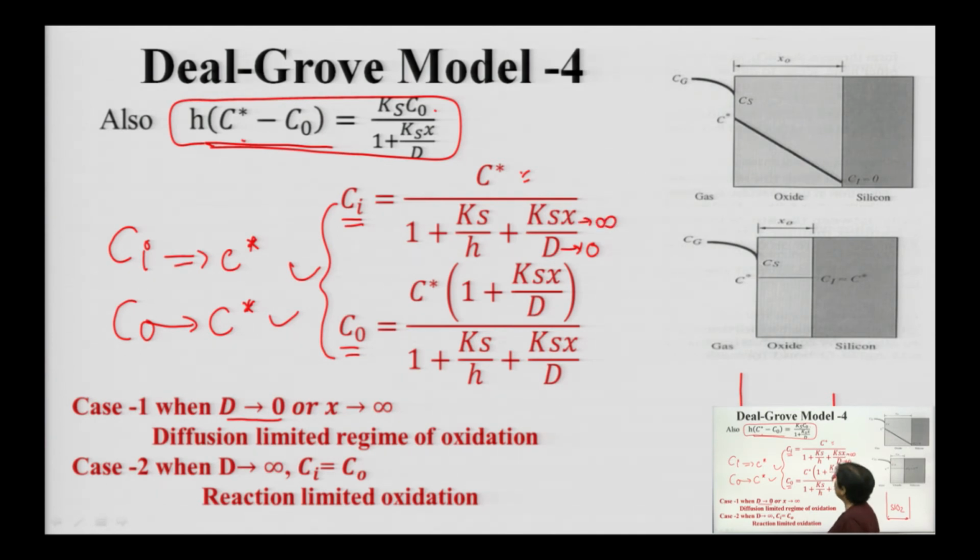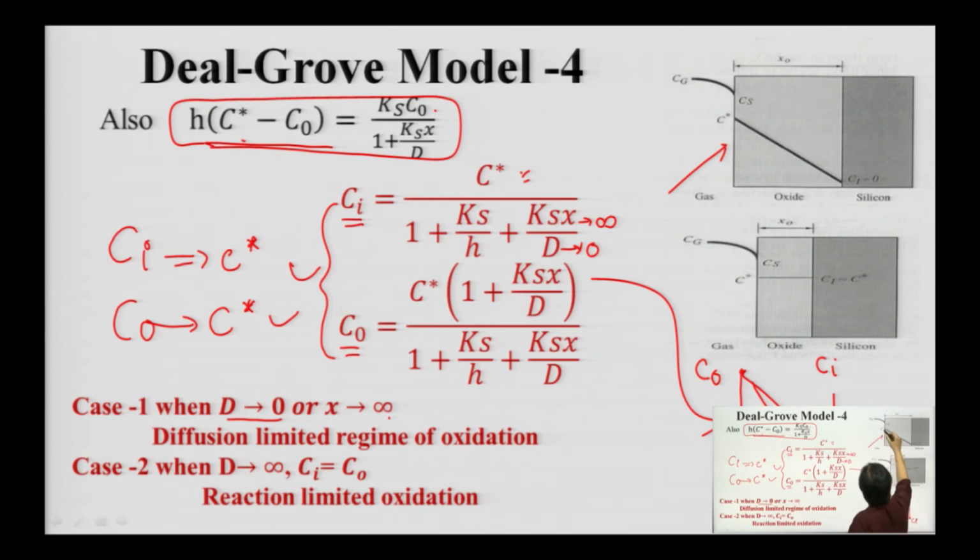Now, when x tends to infinity, any quantity divided by infinity becomes 0. So, Ci is tending to 0. Within the surface, my Ci is slowly tending to 0, this is the situation.